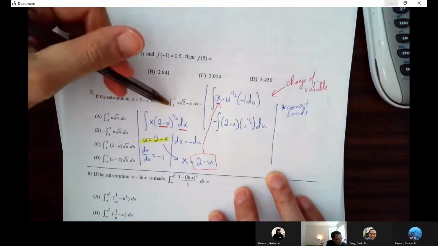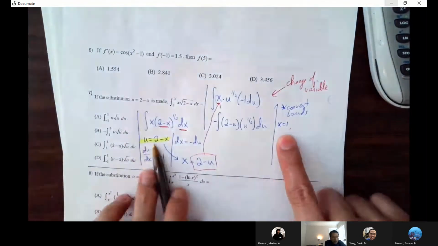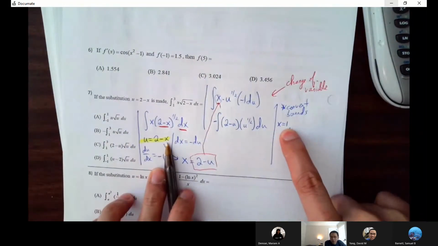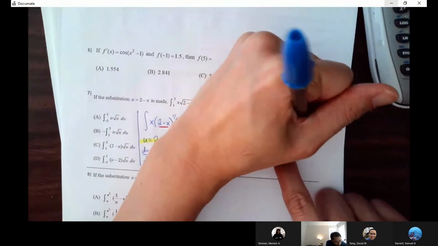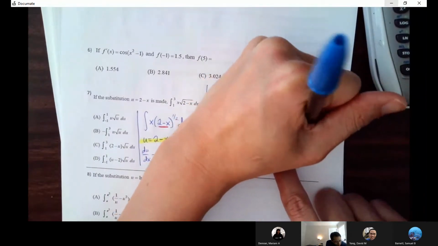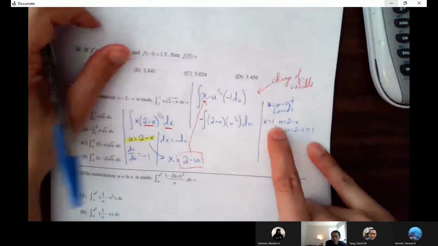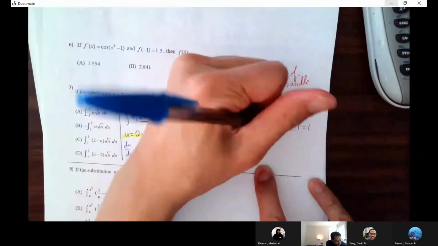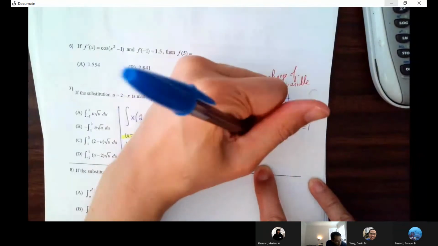So our old lower bound is x is 1. If I push that through my conversion, if I replace x with 1, 2 minus 1 is just 1. So it looks like my lower bound did not change, but we still have to push the upper bound through that conversion. My old upper bound was 3.